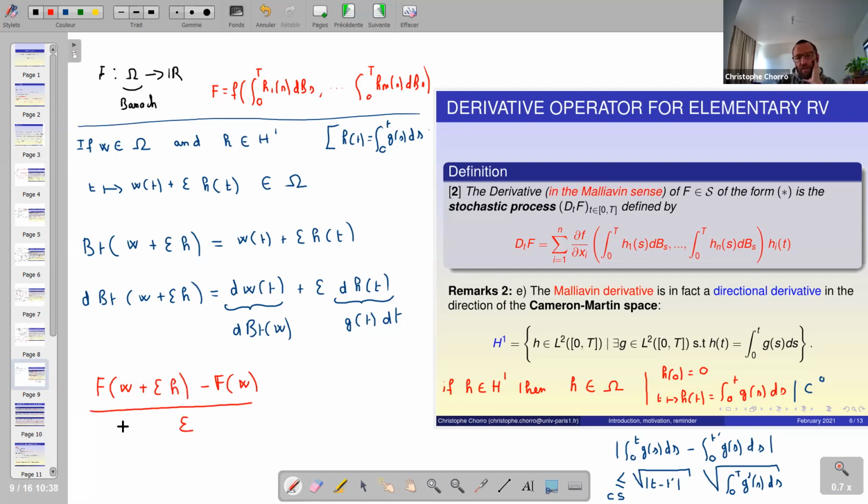If I consider this ratio and study the limit of this ratio when epsilon goes to 0, it means that I am looking at whether f has a directional derivative in the direction of h, h being an element in H1.